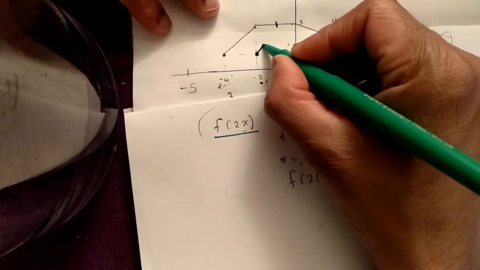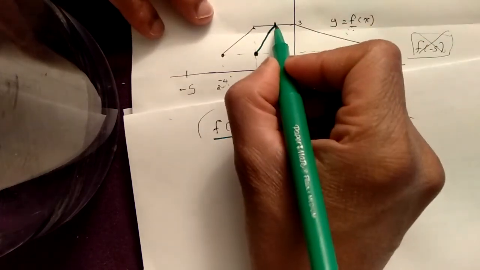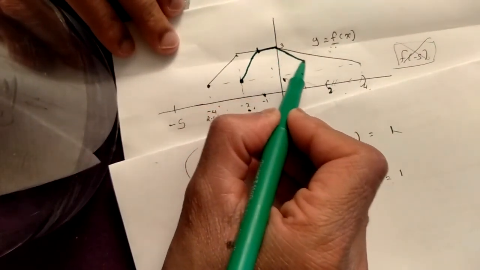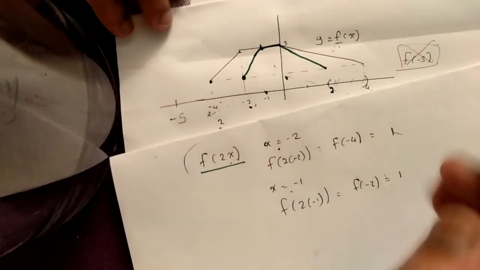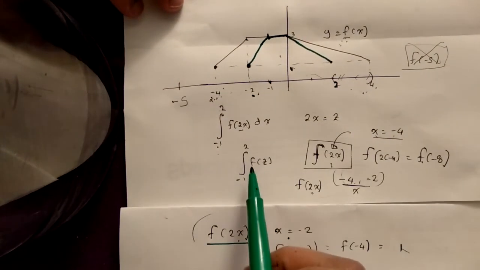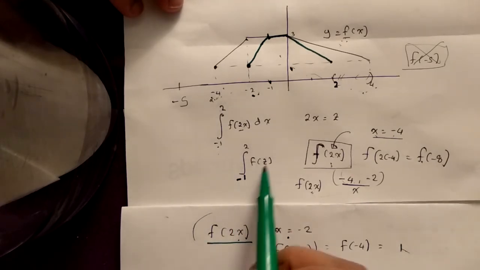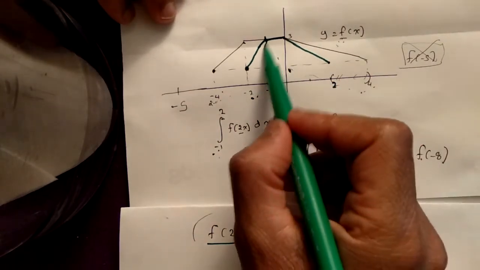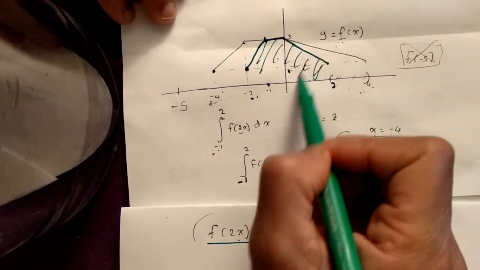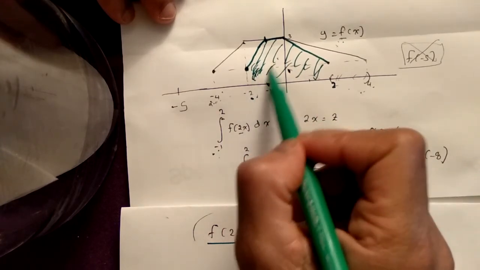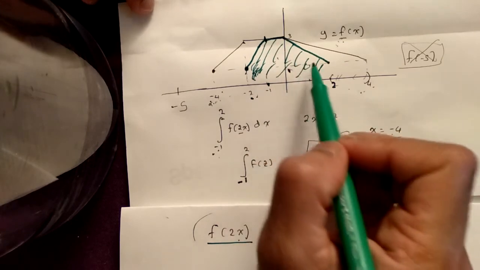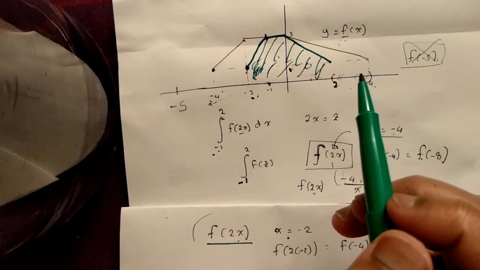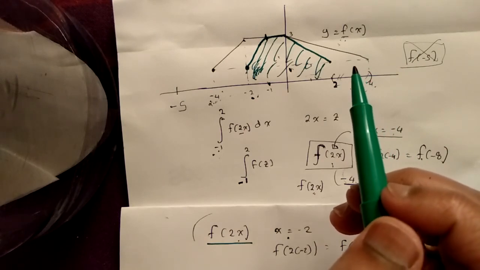And by completing the remaining terms, you will have the new curve like this. So simply what we have to do, as they have asked to find the integral of f(2x) from -1 to 2, is calculate the area under this new curve that I have drawn in green color. Okay. So we'll meet in the next video for the other worksheet.